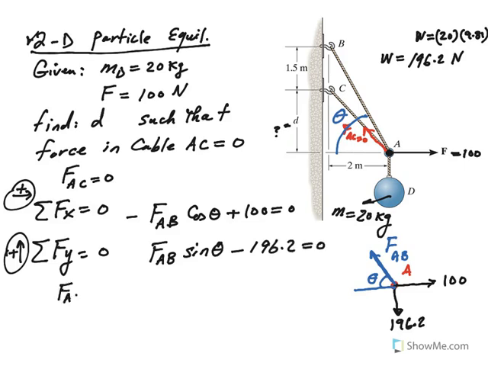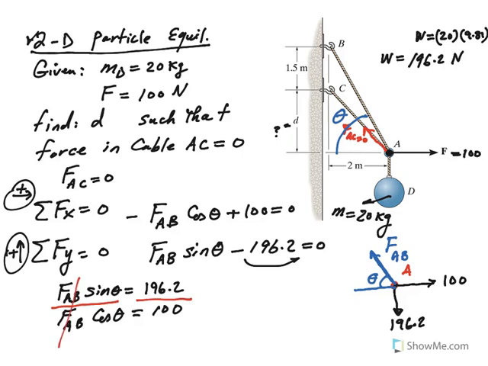Let me line this up so I can show you how we're going to do this problem. Take 196.2 to that side, so FAB sine theta equals 196.2, and FAB cosine theta equals 100. The most efficient way to solve for theta, and we don't actually need to find FAB, is to just divide these two equations.